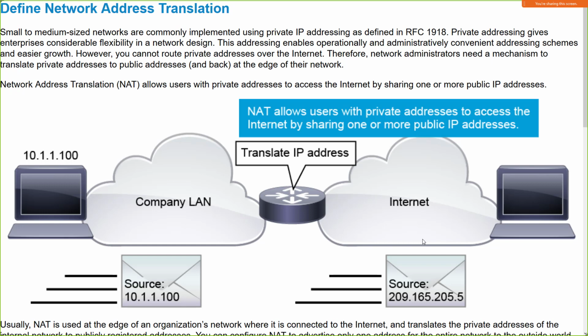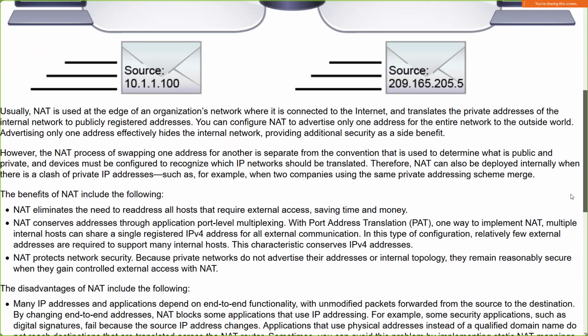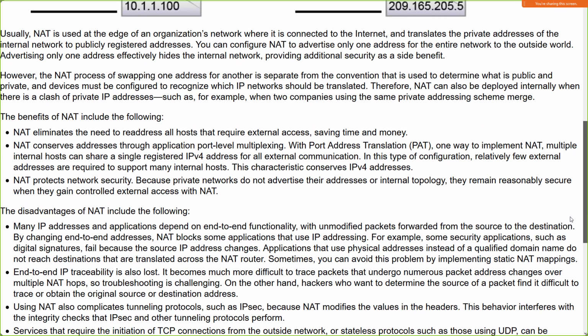And the other option would be to do what is the most common form of NAT, which is the overload NAT, where you're taking multiple inside local hosts and you're translating them to a single inside global address, and you're simply overloading that address multiple times, and keeping track of how those translations are taking place.